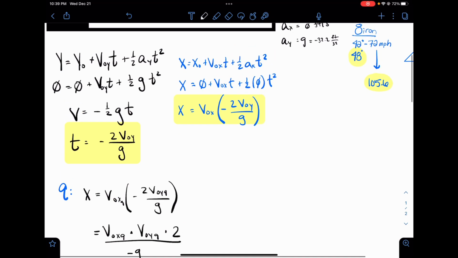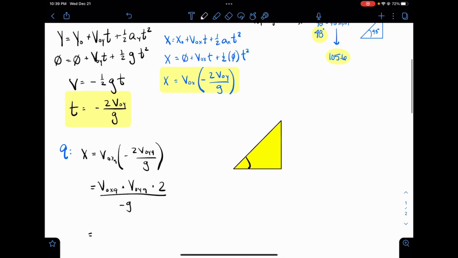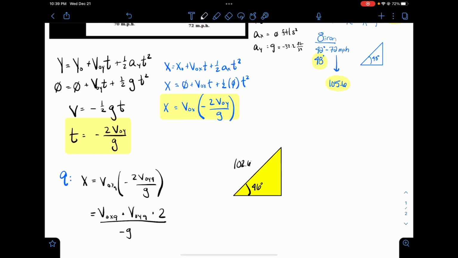Okay, so if we go ahead and get a little triangle going here, if this is for a 9 iron, 46 degrees, this is going to be 102.67.